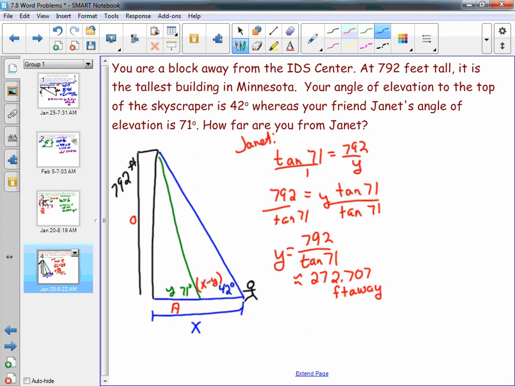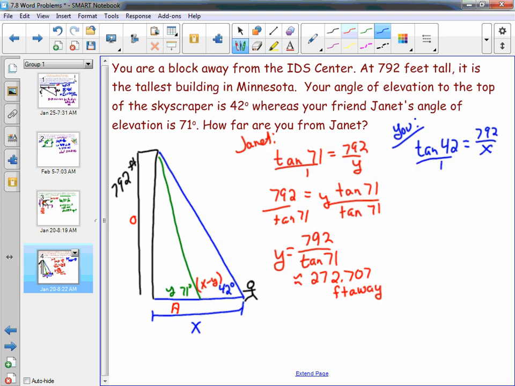Now we need to figure out how far you are away. So we're going to do the same thing with 42 degrees this time. So we have the tangent of 42 is equal to 792 over x.